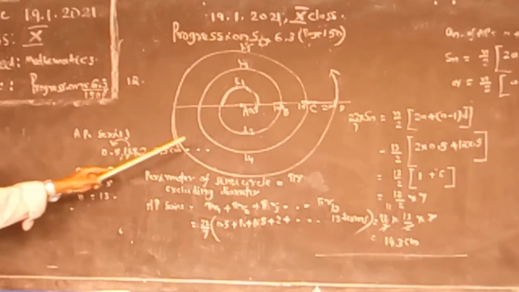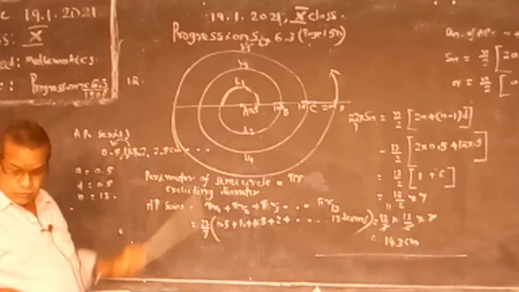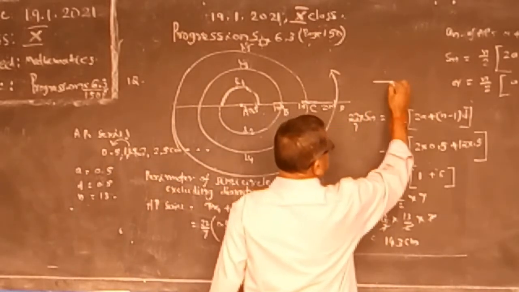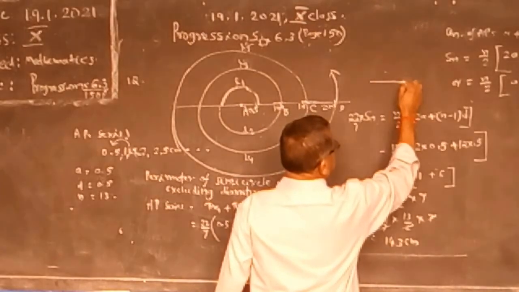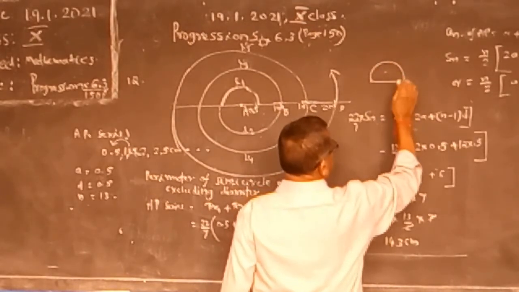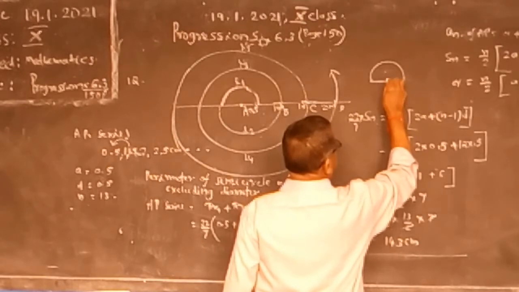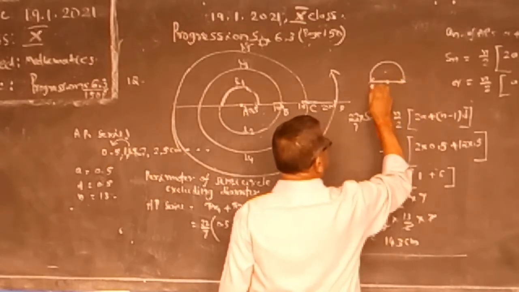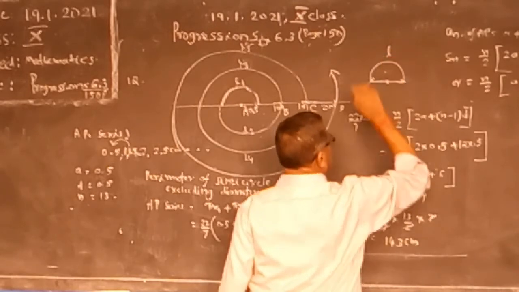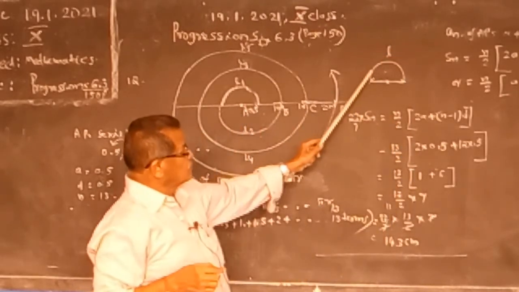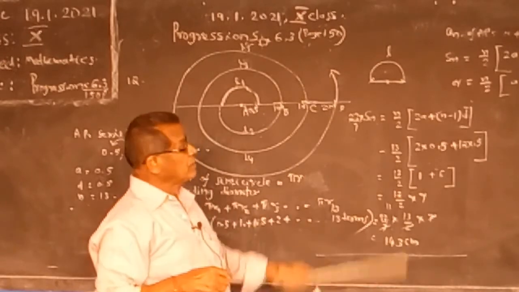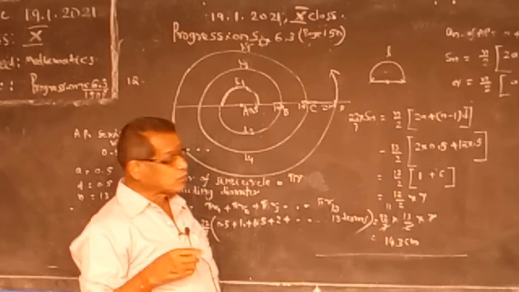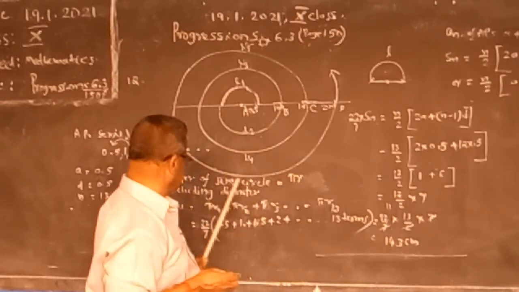Spirals L1. We are taking a semicircle, this is half of the circle, but we are taking only r, not the diameter. A full circle is 2 pi r and half circle is 2 pi r by 2, so I am taking pi r.